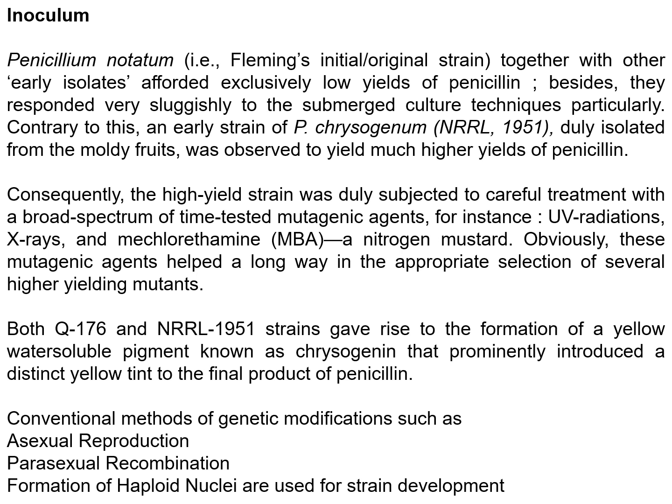So there are two strains. One is Q176, which was also developed after mutation, and NRRL 1951 was also a mutant of Penicillium chrysogenum that gave rise to the formation of a yellow water soluble pigment known as chrysogenin, which prominently introduced a distinct yellow tint in the final product of penicillin.